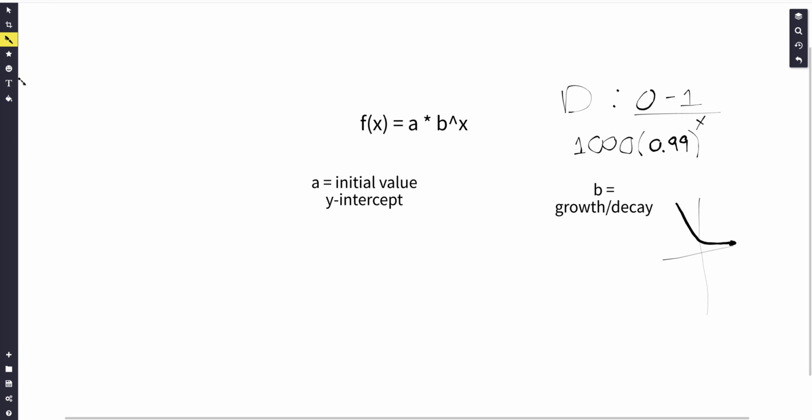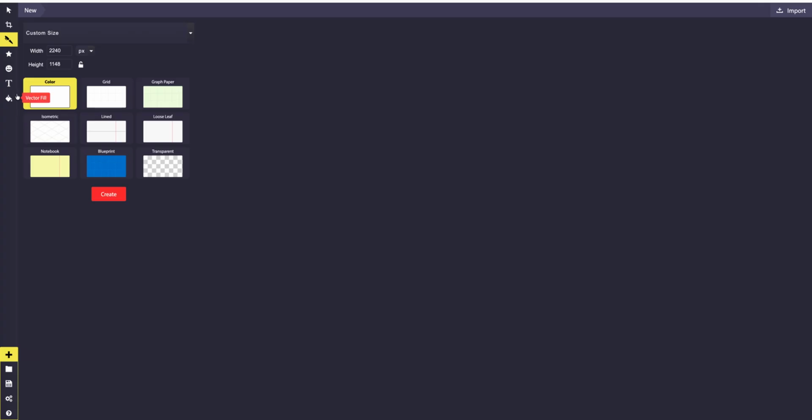So now I'm gonna go through some examples. Okay, just to recap, I'm gonna do f of x is equal to 2 times 1.5 to the power of x. So this 2, as we said, because it's on the outside, is our a value, and this 1.5 would be our b value.